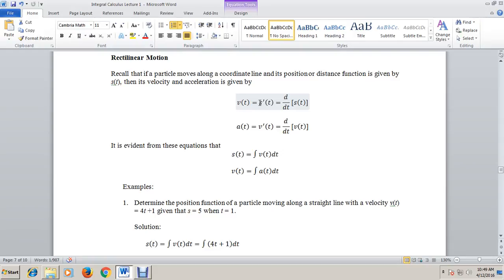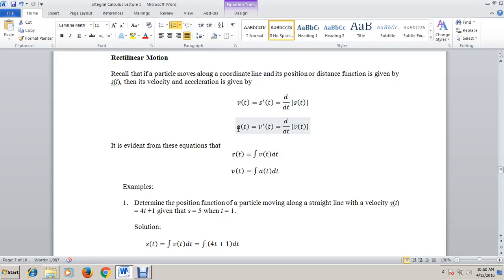That is represented as s prime of t, or d of s of t over dt. Now the acceleration is the derivative of your velocity. Since the velocity is the derivative of the displacement or the position, the acceleration is actually the second derivative of your s of t.